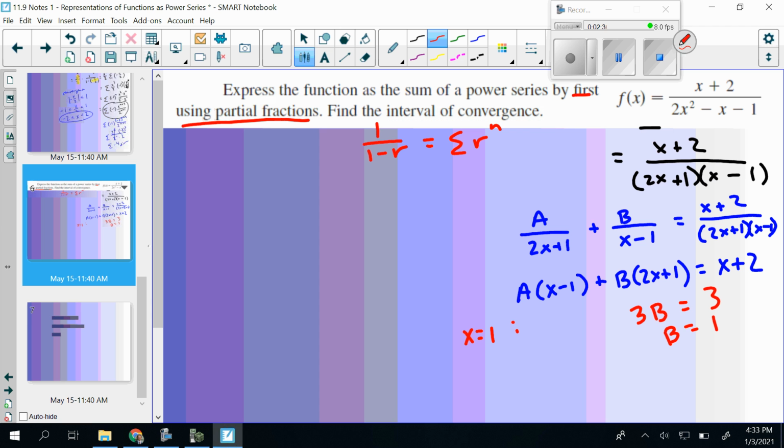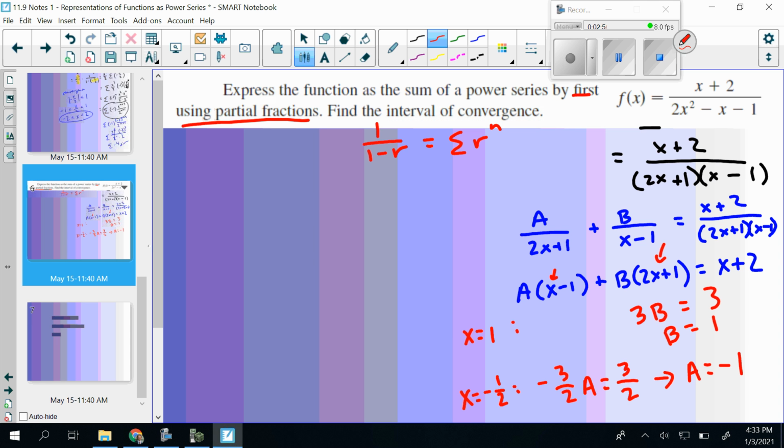Our other nice value here would be negative 1/2, because that's going to make this one equal 0. And so if we put that in this other one, negative 1/2 minus 1 is going to be negative 3/2 A, being equal to negative 1/2 plus 2 is 1 1/2, which is 3/2. So that makes A negative 1.